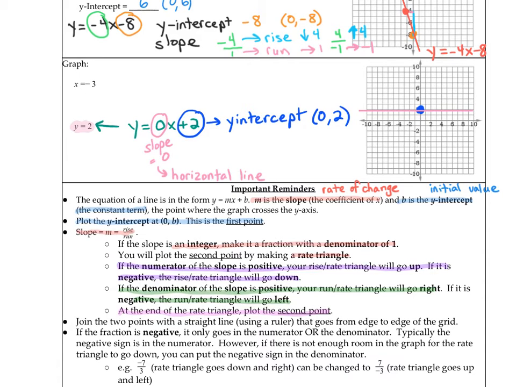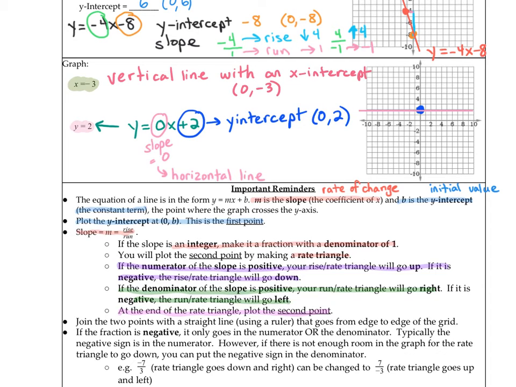Conversely, if you have just x equals a number, in that case you cannot put that into y equals mx plus b form because there is no y. So that is a vertical line, with an x-intercept of negative 3, 0.